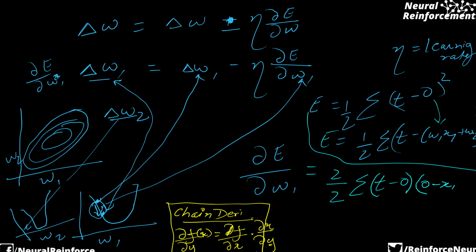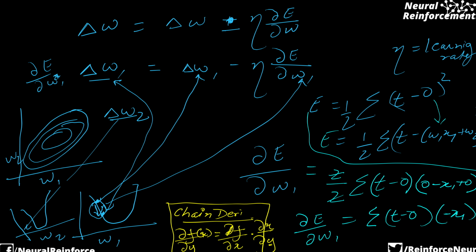Again, this part is constant with respect to W1, not dependent upon W1, so this would again be 0. So our delta E by delta W1, and this cancels out, is equal to t minus o, times minus x1.